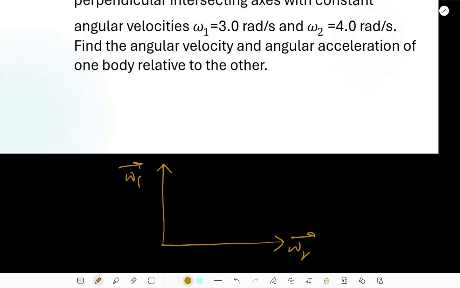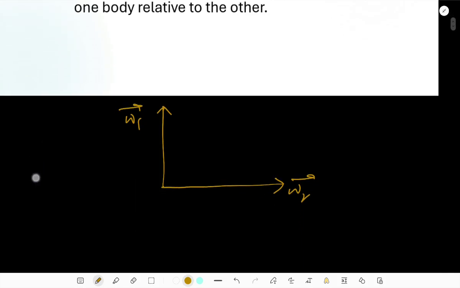So these are two vectors, omega 1 and omega 2, and both are perpendicular, because both the bodies are rotating about their perpendicular axes. If axes are perpendicular and angular velocities are along the axes of rotation, then their angular velocities are perpendicular. That means I got two vectors, and I need to find the relative velocity of one with respect to the other.